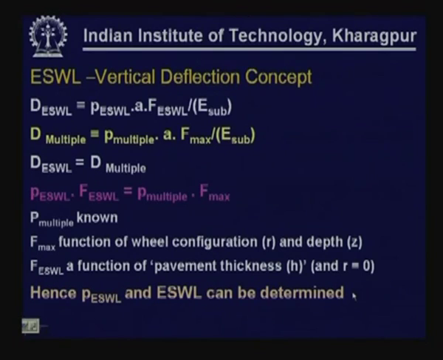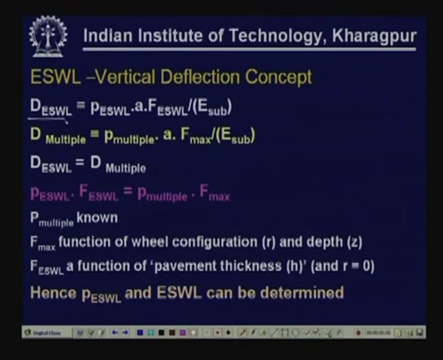So following the same approach that we used earlier, equivalent single wheel load is P equivalent single wheel load, A, deflection factor for equivalent single wheel load, and then modulus value. D multiple, the deflection produced by multiple wheel loads, is pressure, multiple radius of load contact area, the deflection factor that corresponds with maximum deflection produced by all those wheel loads, and modulus value of the subgrade.